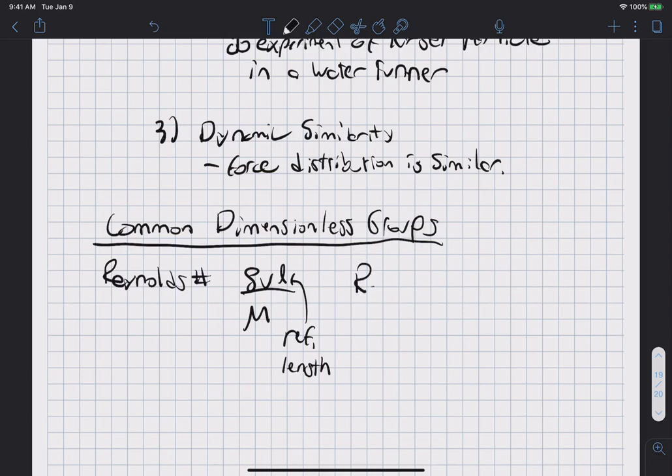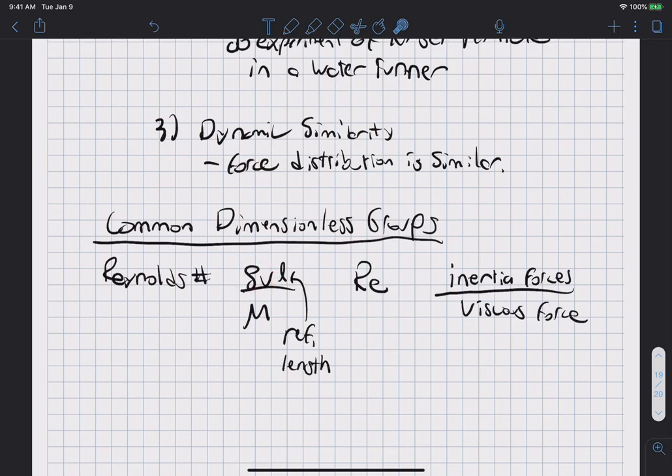In general, that's given the symbol Re, and it's a ratio of the inertia forces over the viscous force. The inertia force is sort of given by rho v, and the viscous force is representative of the viscosity.